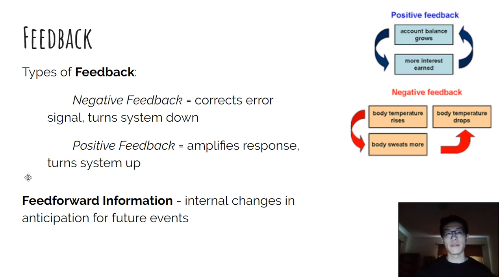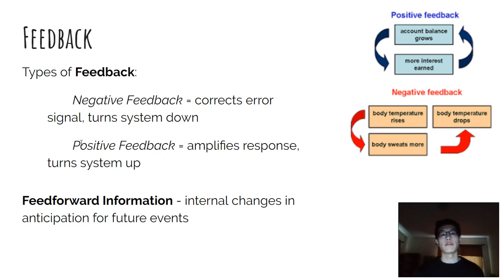So if we're looking at feedback themselves, we have basically two main groups. The first type of feedback is negative feedback. So negative feedback is sometimes thought of as a more inhibitory type of feedback, where basically the feedback corrects the error signal and tries to turn the system down. So you can think of it as sort of an inhibitory effect.